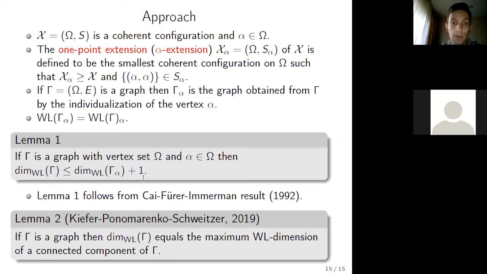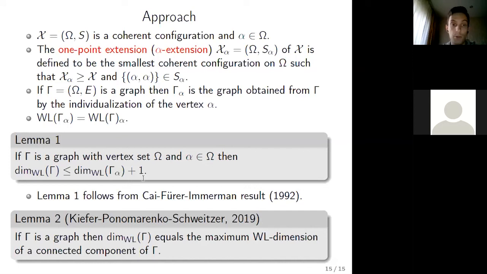And maybe the last useful lemma, which is also always used, is the following. If gamma is a graph, then the Weyl dimension of gamma equals the maximum of the Weyl dimensions of its connected components.